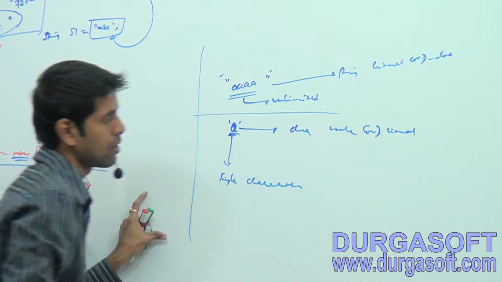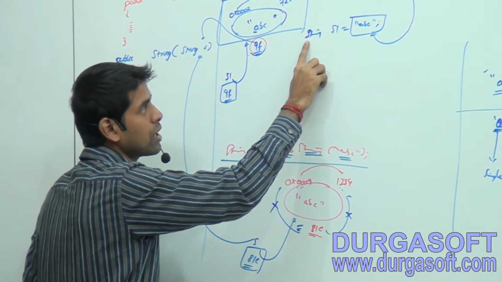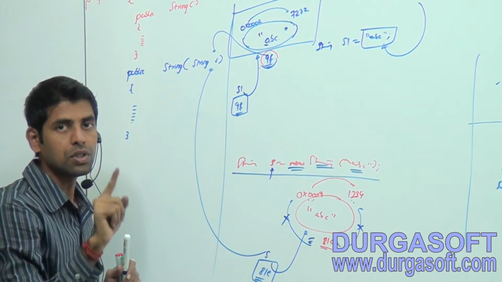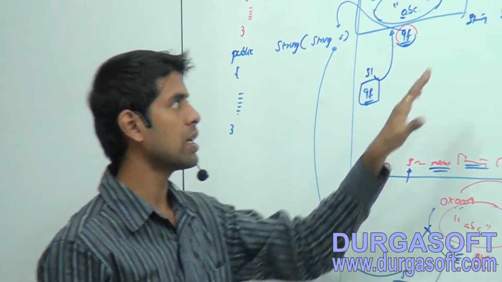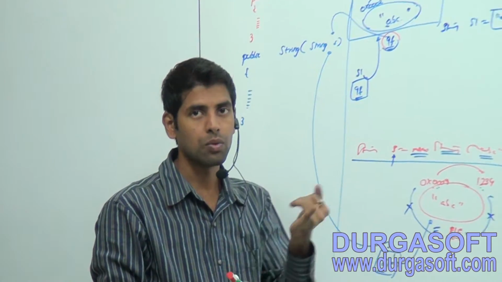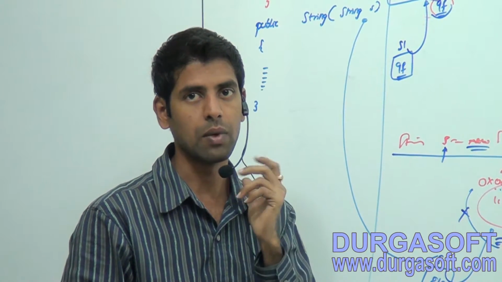Now observe here: String s1 equals abc. Which type of variable is it? We all know it is a string type of variable, but is it a primitive data type variable or a user defined data type variable?